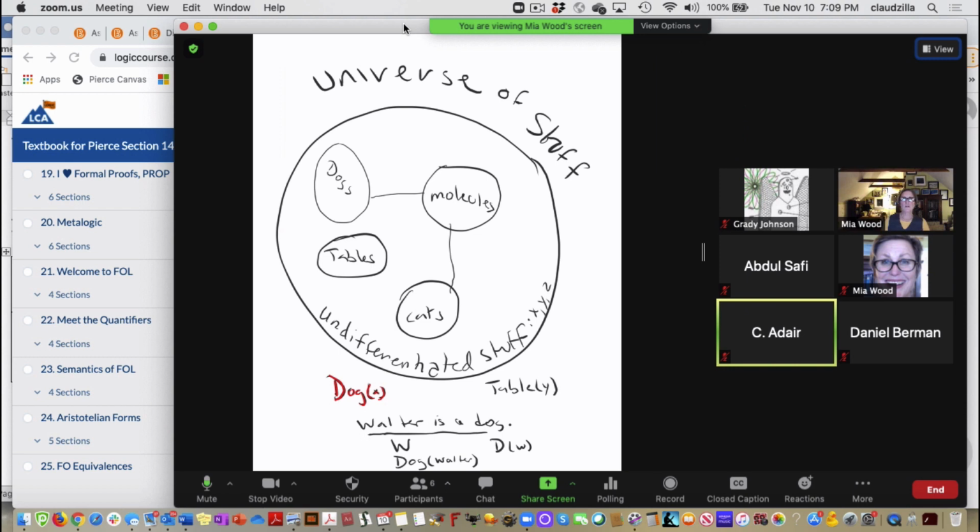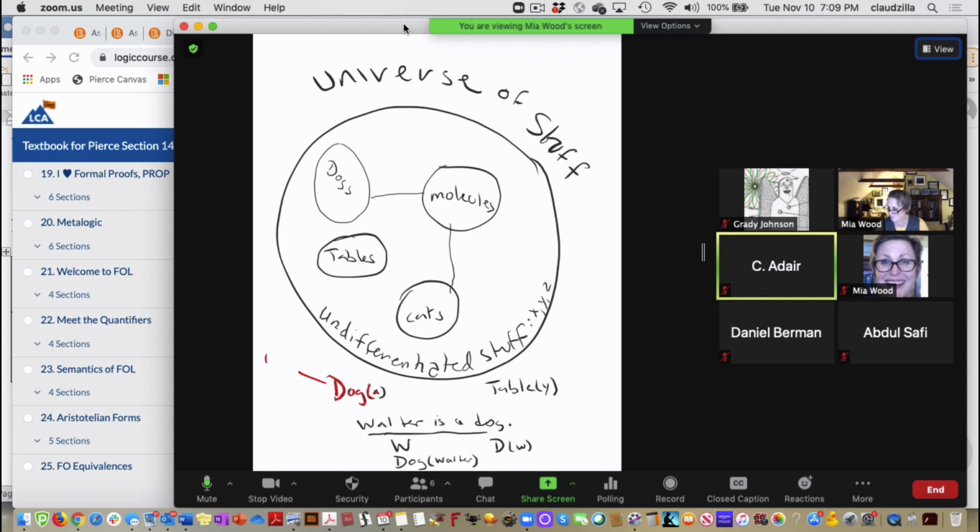And in quantifier logic, we get two quantities of thing. We get the universal and the existential. And we'll talk about that more formally in just a second. But the question here is, are we talking about everything, or are we talking about at least one?